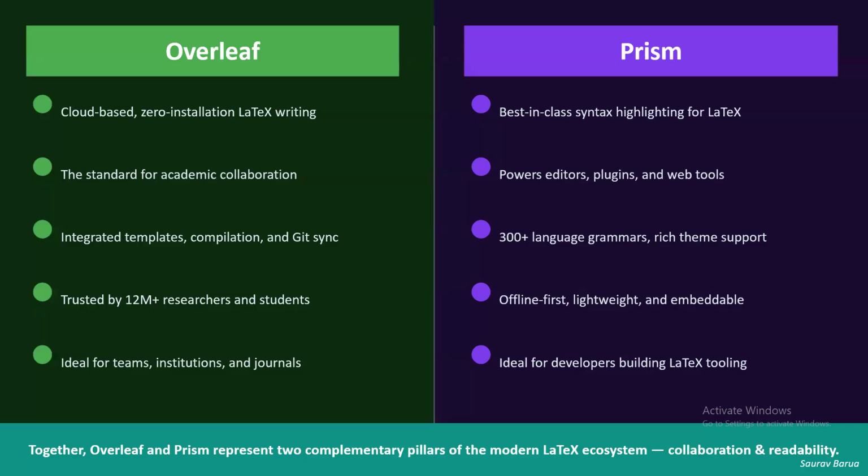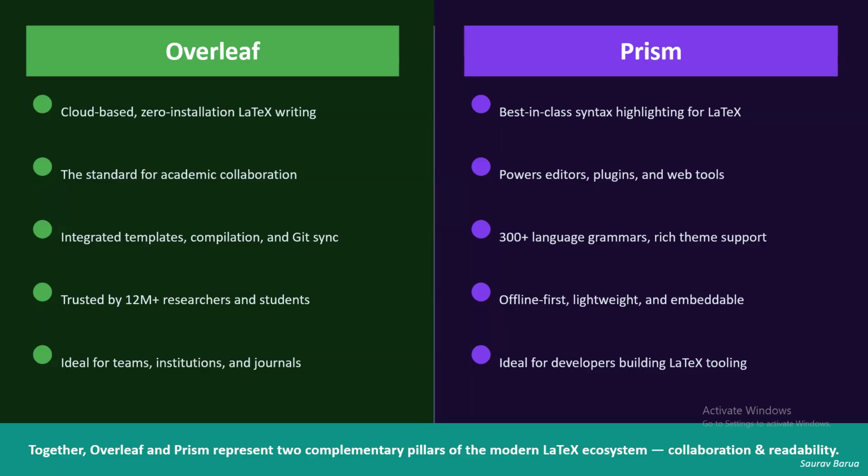And now let's look at them together. Prism and Overleaf are both complementary for the modern LaTeX ecosystem, for collaboration and readability. Overleaf is cloud-based, with zero installation, and the main feature of Prism is best-in-class syntax highlighting. For standard academic collaboration, we can use Overleaf. However, power editors, plugins, and web tools are available in Prism.